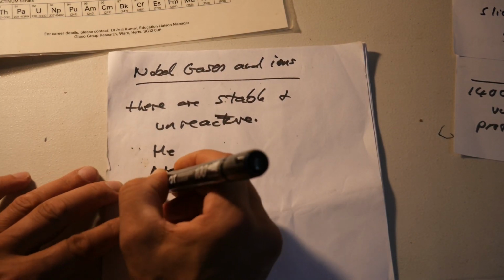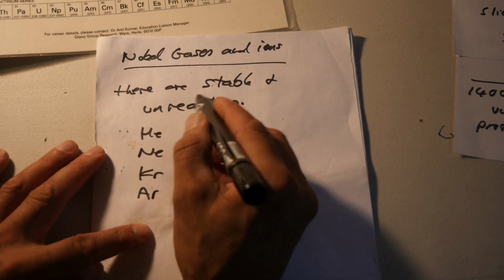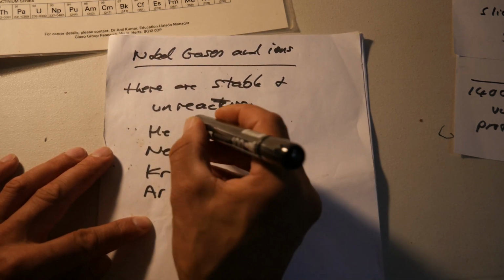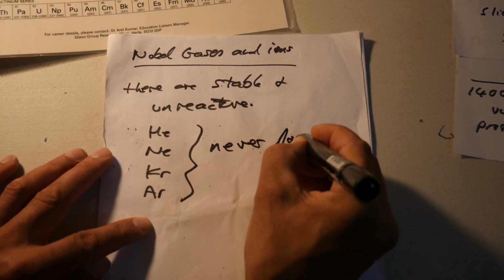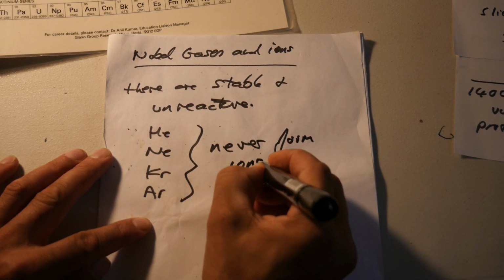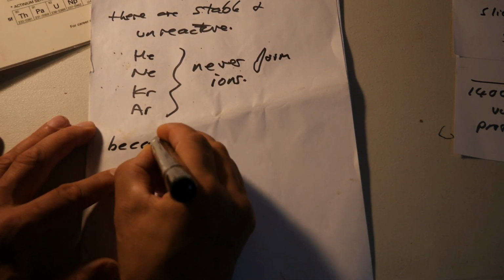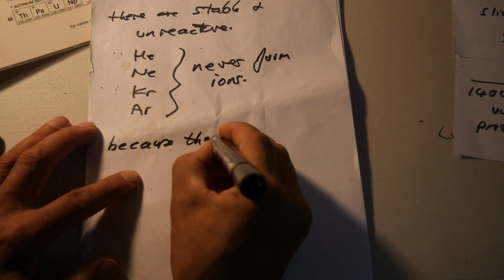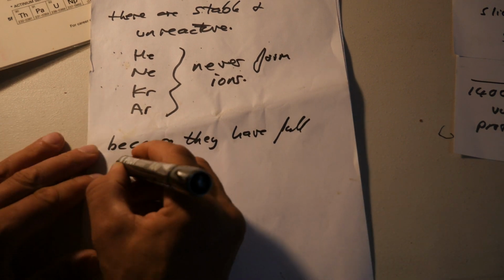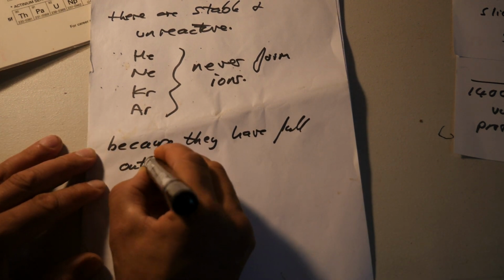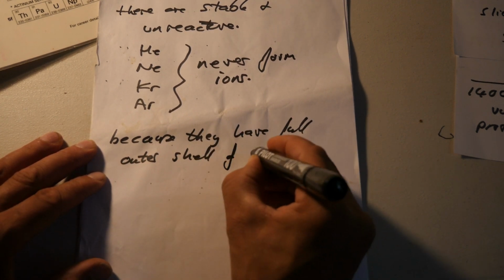So these are unreactive and very stable. They will never form ions, okay? And it's because they have a full outer shell of electrons.